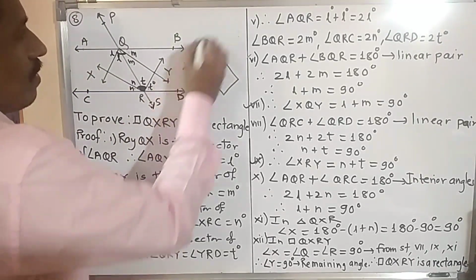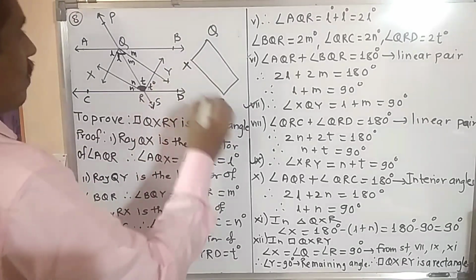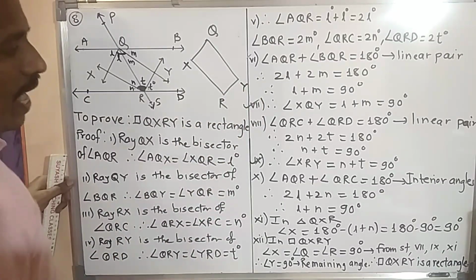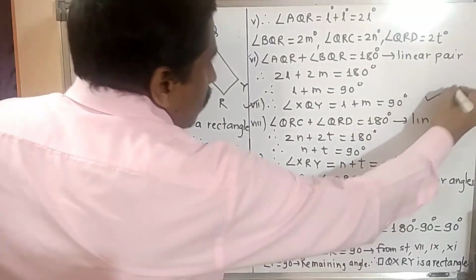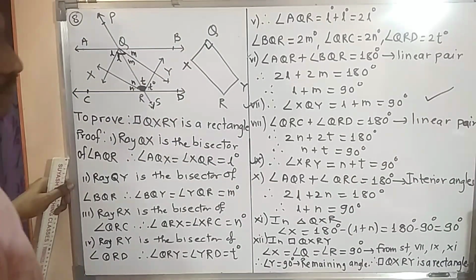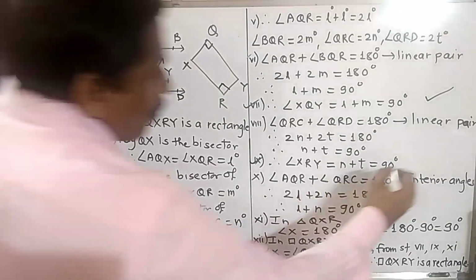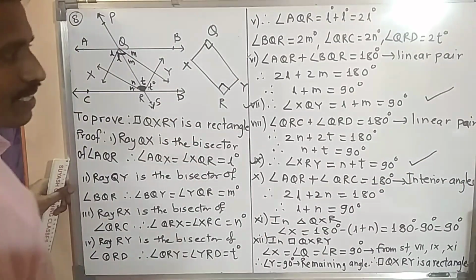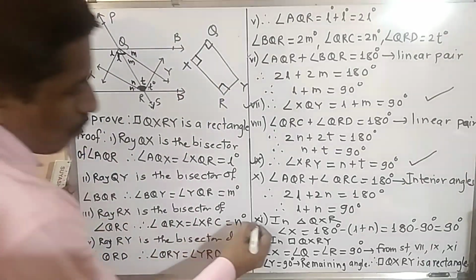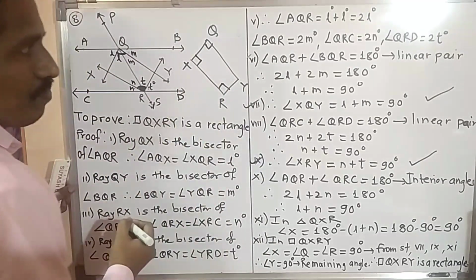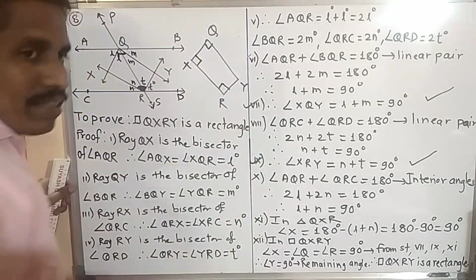Finally, I will consider quadrilateral QXRY. Angle Q is 90 degrees, I have proved in statement 7. Angle R is equal to 90 degrees, I have proved in statement 9. Angle X is equal to 90 degrees, I have proved in statement 11. So what did I prove? Three angles are right angles.